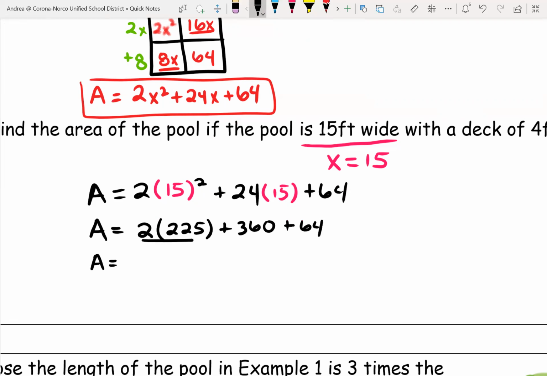Then 225 times 2 is 450, plus 360, plus 64. So 4 and 0 and 0 is 4. 6 and 6 is 12, plus 5 is 17. So it's 874 feet squared.